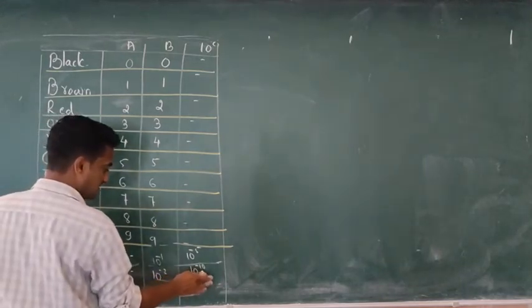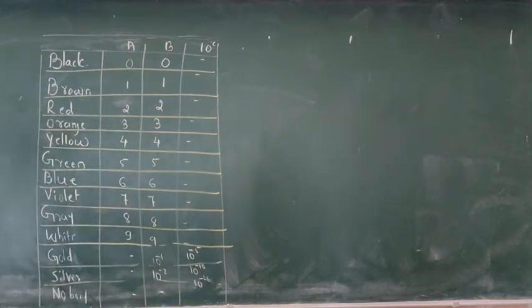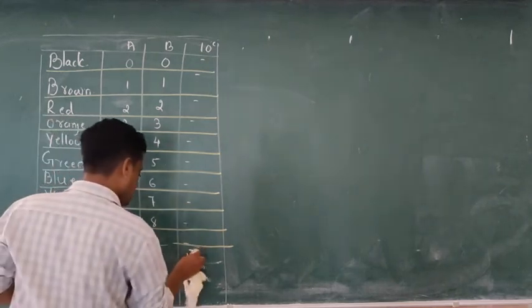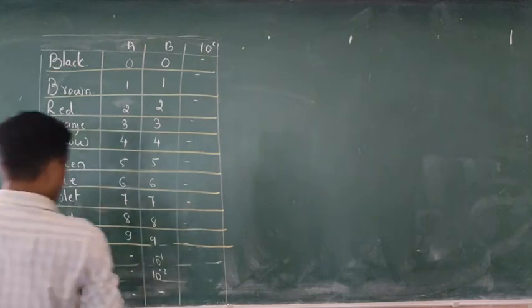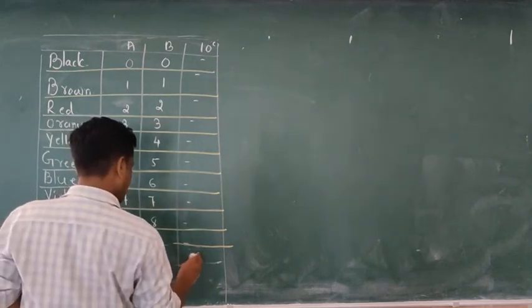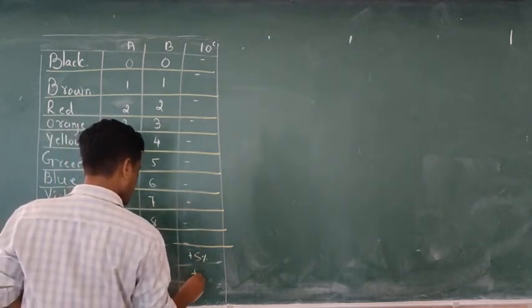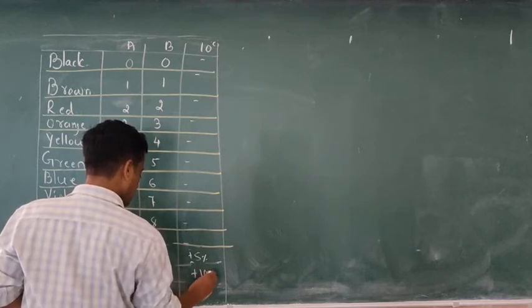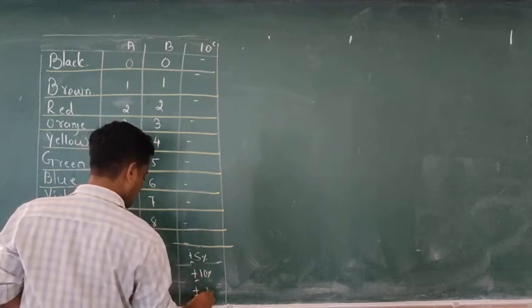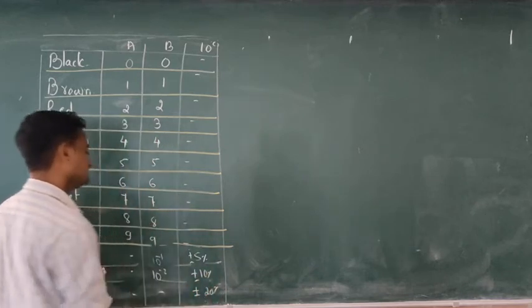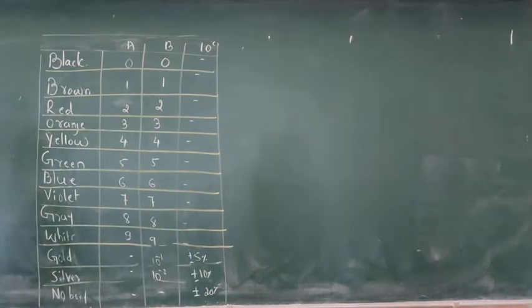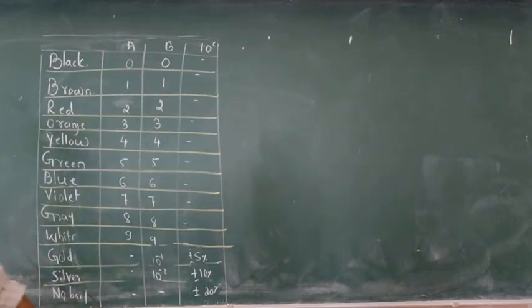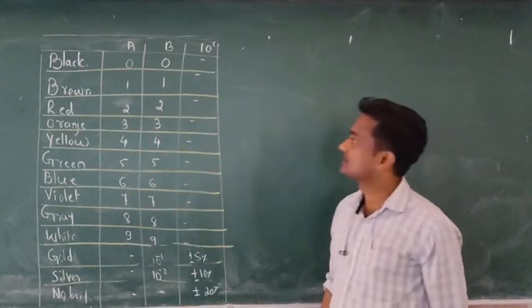Then the tolerance: plus or minus 5%, plus or minus 10%, then plus or minus 20%. Right? Then how do we remember this?